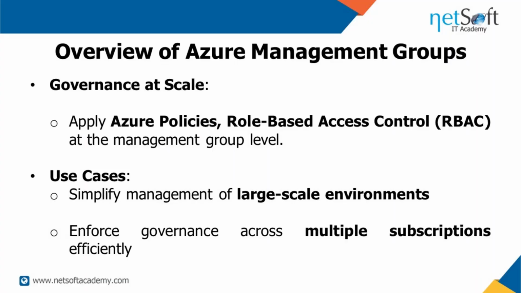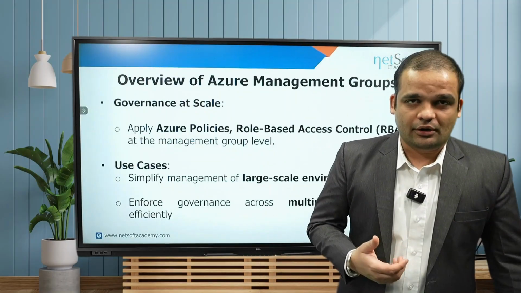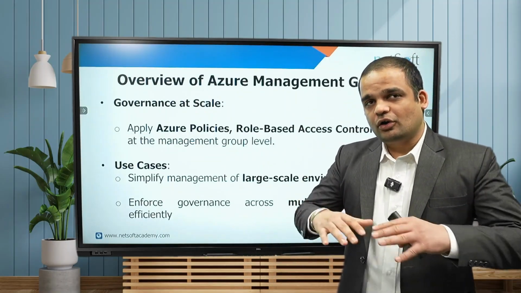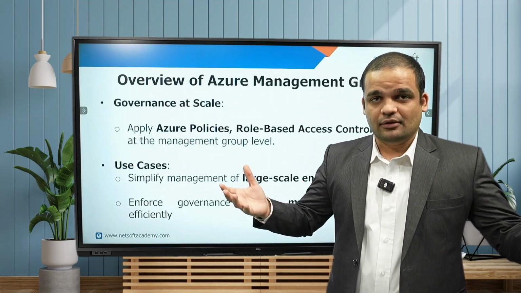Governance at scale. If you have a management group and multiple subscriptions inside it, what will happen if you apply any role or policy or RBAC on that management group? It gets inherited by all the subscriptions. So what are we doing here? Are we creating a governance policy at scale?